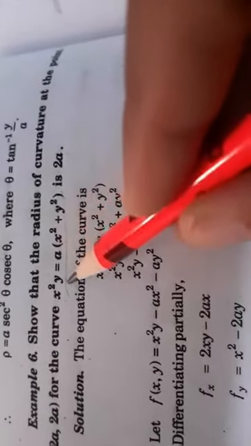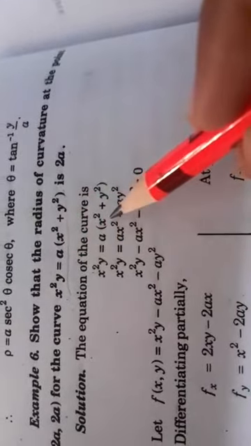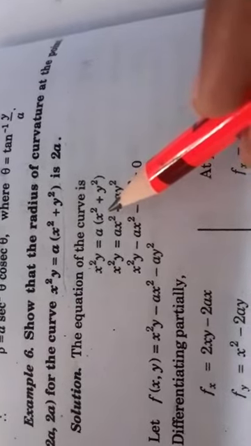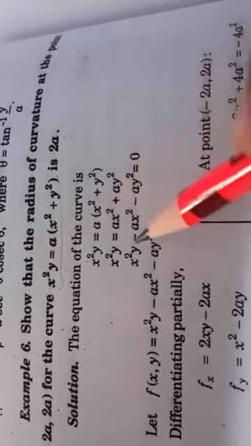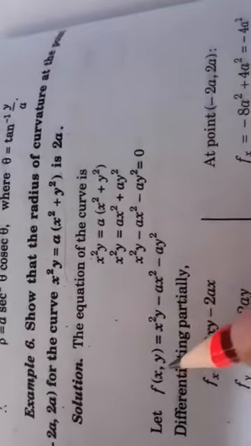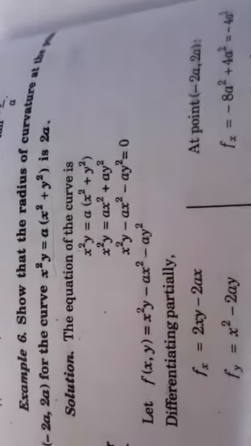Now here the equation of curve is in implicit form. This equation of curve is given in implicit form as a mixed function of x and y.